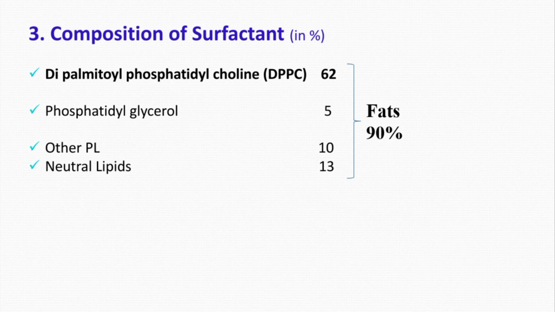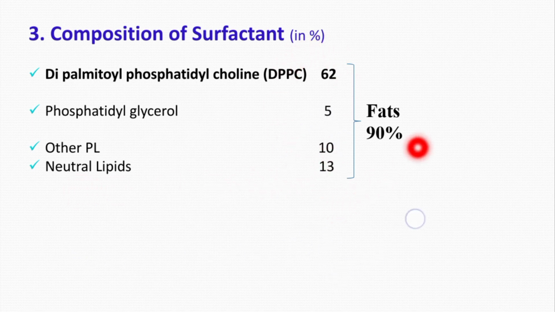So, now let us look at the composition of surfactant. Surfactant is 90% fats, okay, 90% of surfactant is fats. The main component is DPPC, dipalmitoyl phosphatidylcholine, which makes 62%, then phosphatidylglycerol makes 5%, other phospholipids make 10% and neutral lipids make 13%.